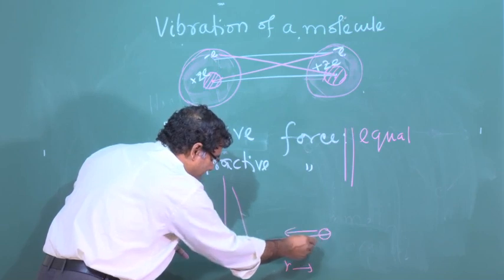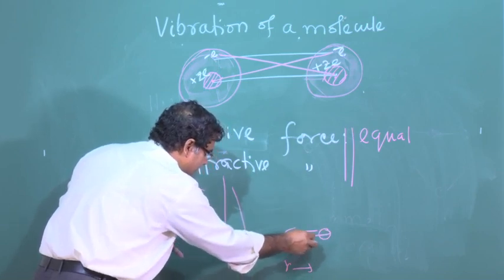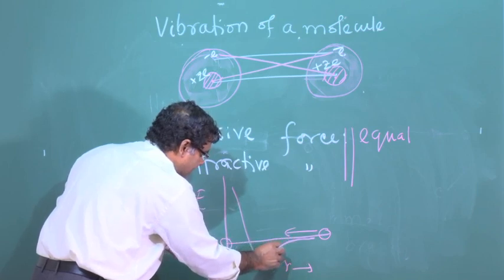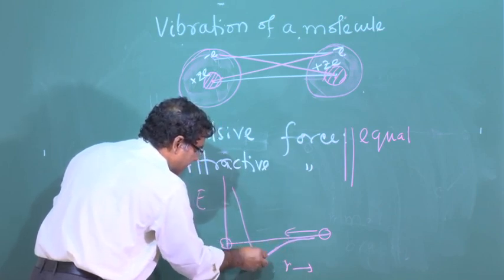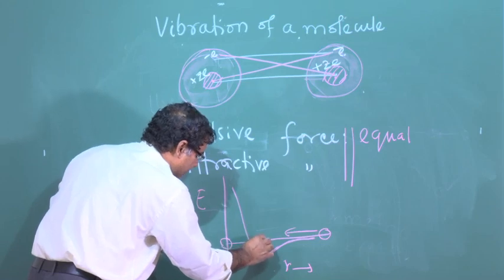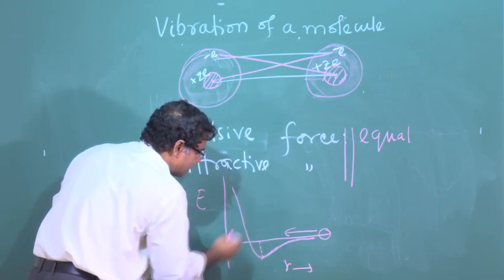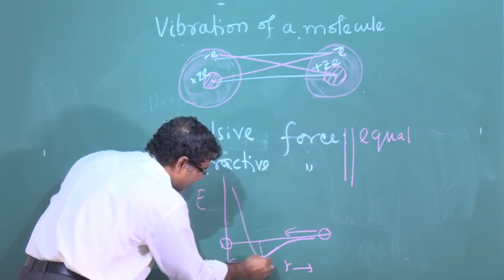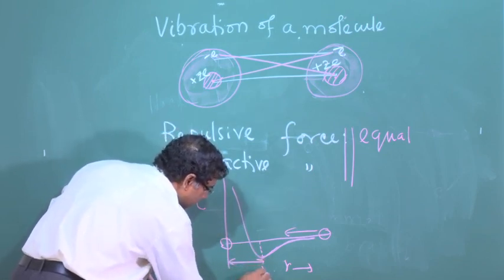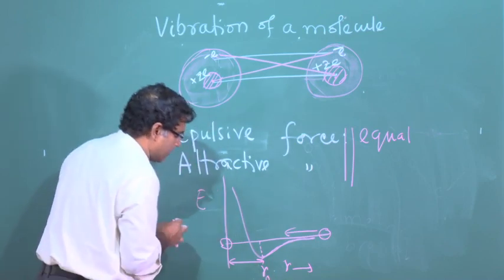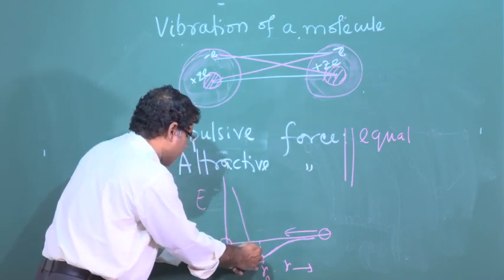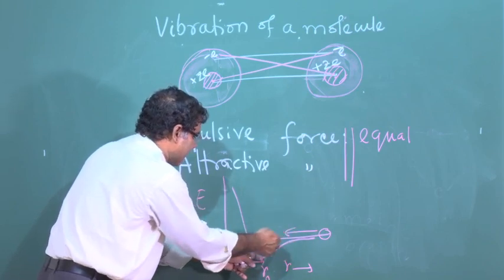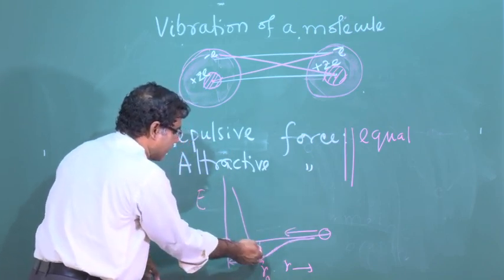When they are far apart, the energy is very small. Then it changes like this, and the energy becomes minimum. If I call this distance R0, then when the distance is greater than R0, the energy is higher, and if less than R0, the energy is also higher.